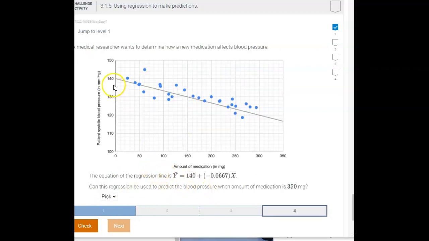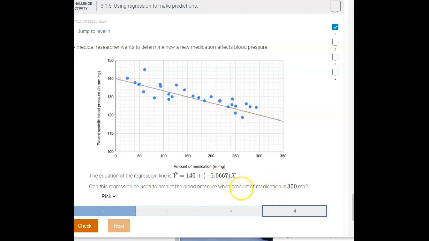And then in this last one, we have our data here, the regression line. You should only use regression equations within the context of the data, because the line, the equation, is built off of the observed data values. So in this case, we can use this equation to make predictions as long as our x value is within this range.